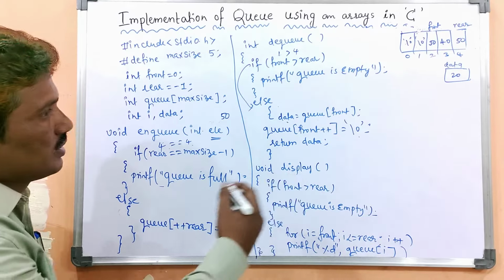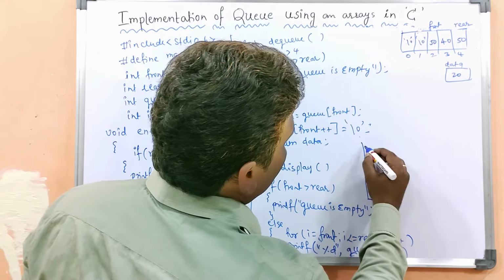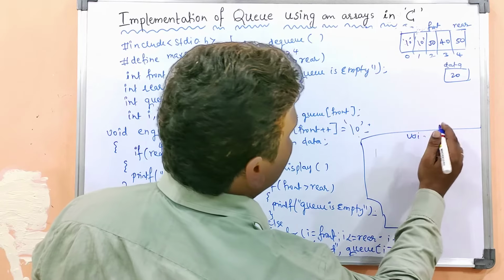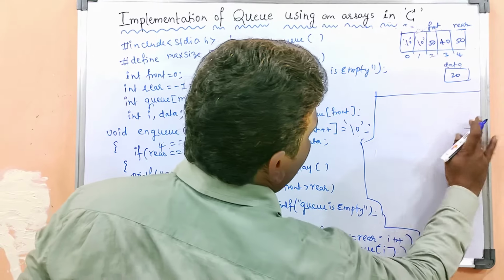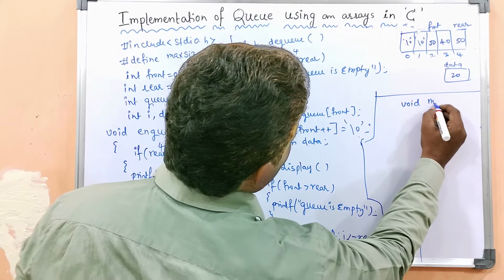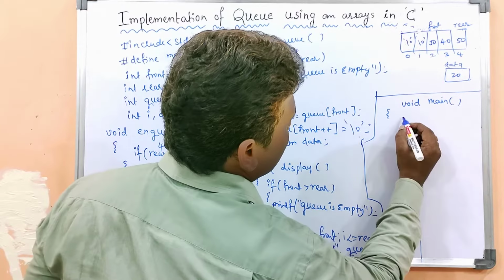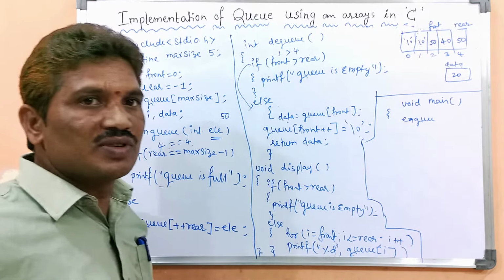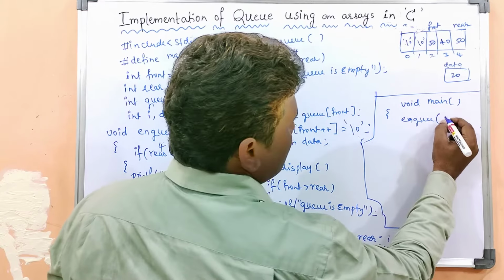Okay. Then I will write the main function. If you want to call the enqueue operation, you can use a do while loop with a switch, but because there is no space on the board, I did not use any switch case.